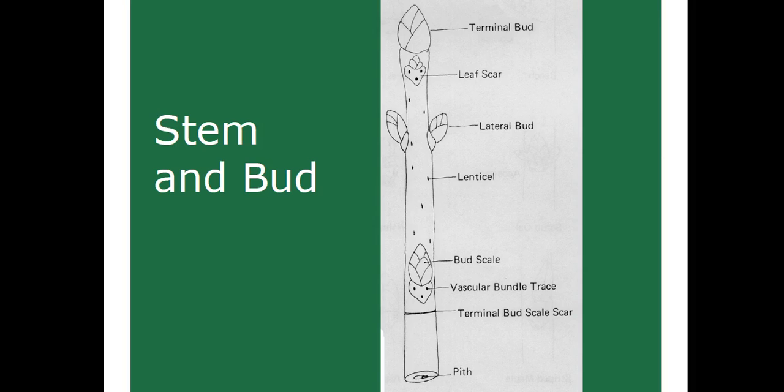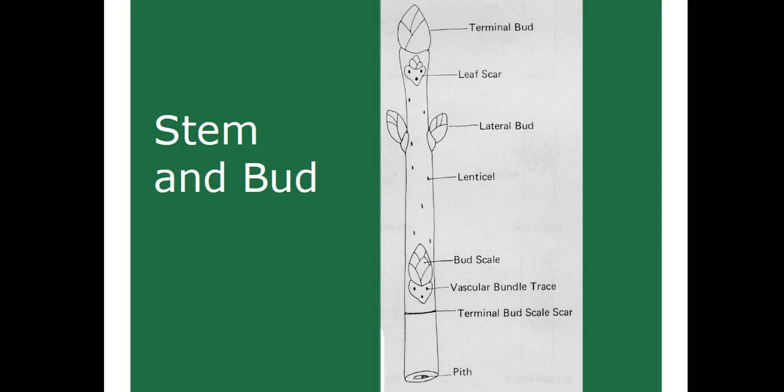Sometimes we'll look at these lenticels, which are these little spots on a branch or stem of a woody plant that help it to breathe. We'll look at the bud scales, or the way that the bud is covered and protected in the winter months. Amongst the leaf scar, we'll also look here at the vascular bundle trace, how many of those vascular bundle traces there are.